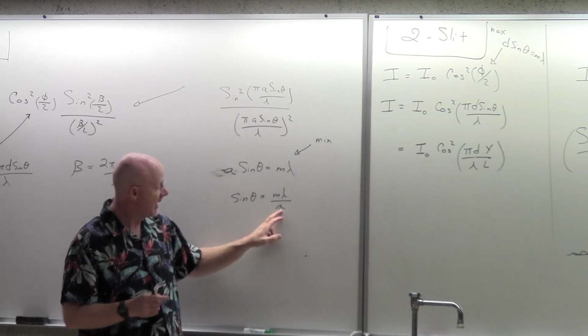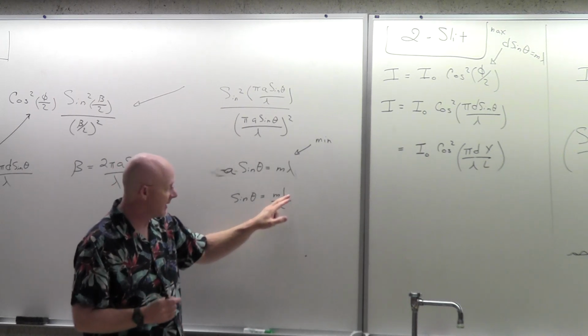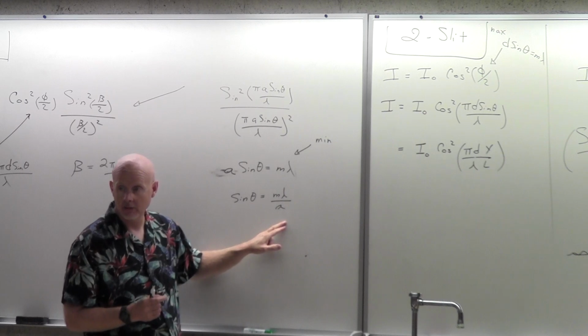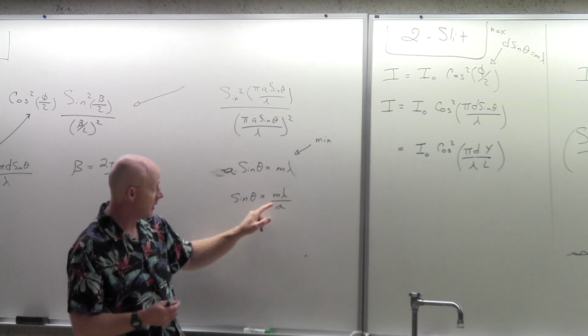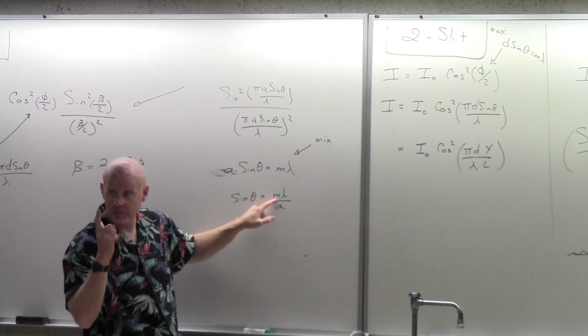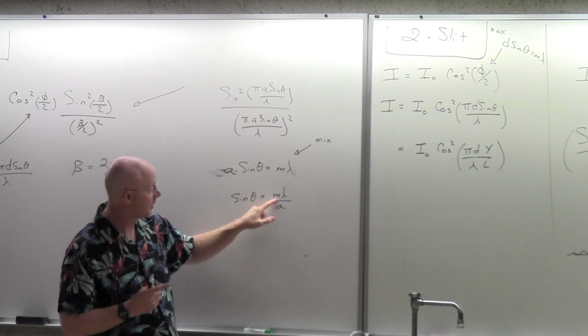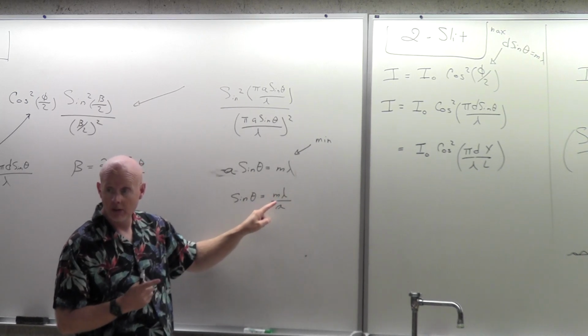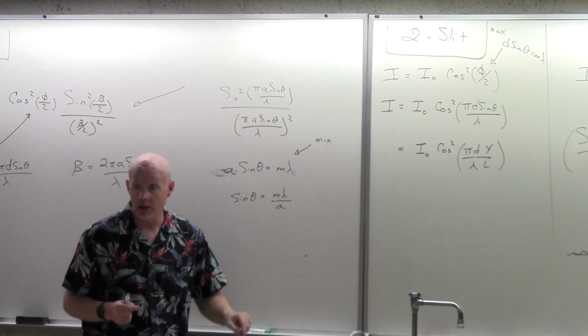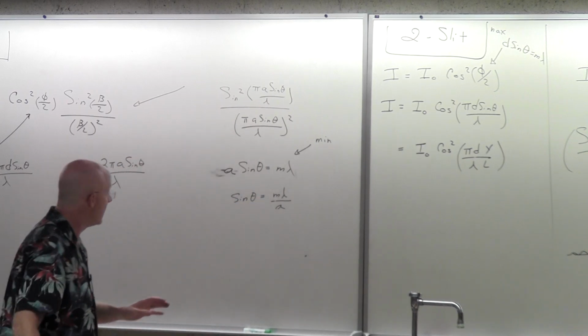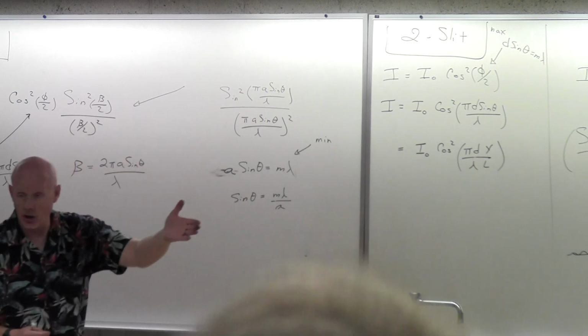Let's say A is a hair bigger than lambda. If it was exactly equal to lambda, and you're looking for the first dark spot, wouldn't this be 1? And at what angle does sine theta equal 1? 90 degrees.